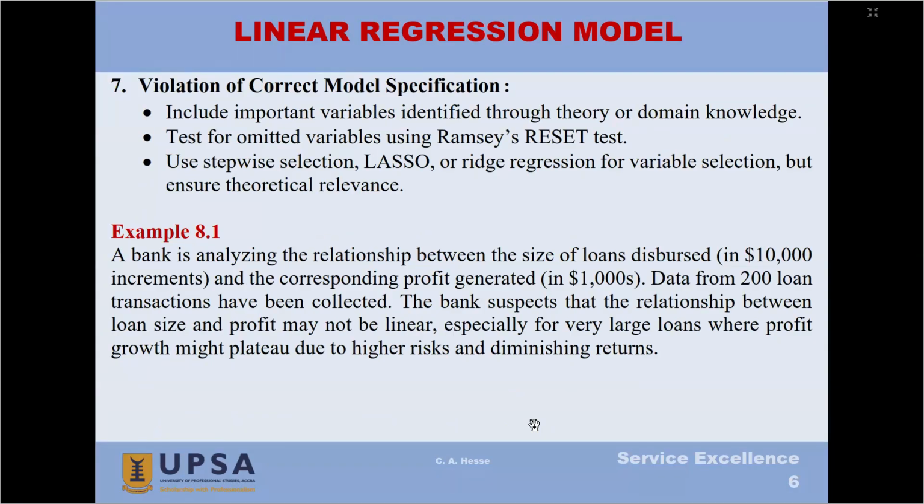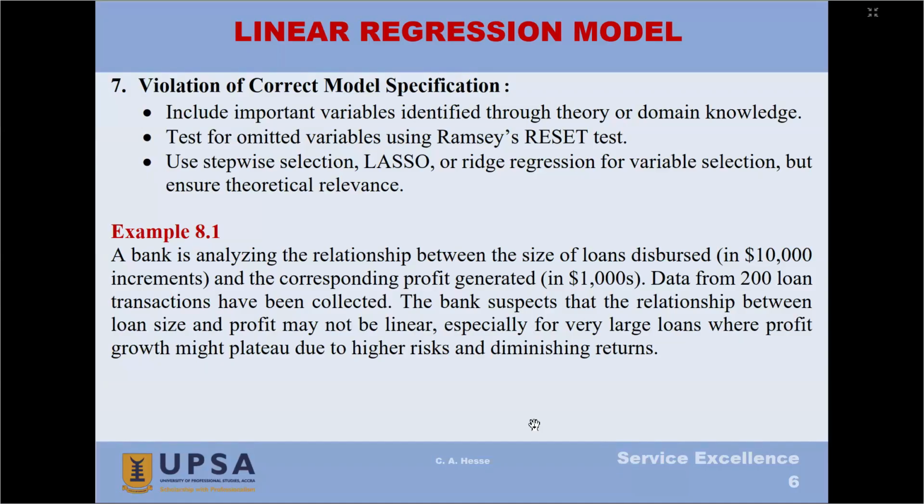Example 8.1. A bank is analyzing the relationship between the size of loans disbursed in $10,000 increments and the corresponding profit generated in $1,000. Data from 200 loan transactions have been collected.